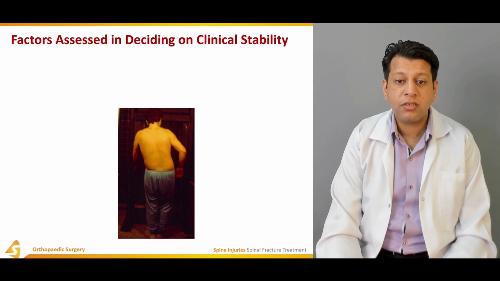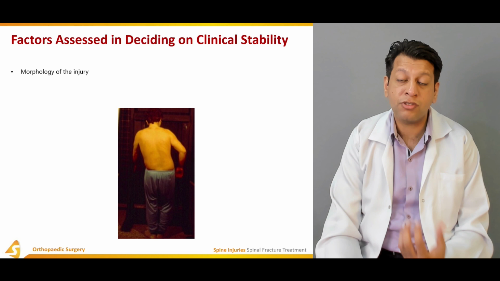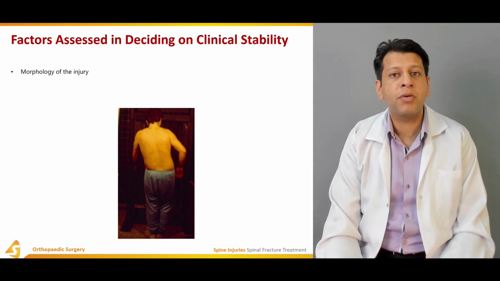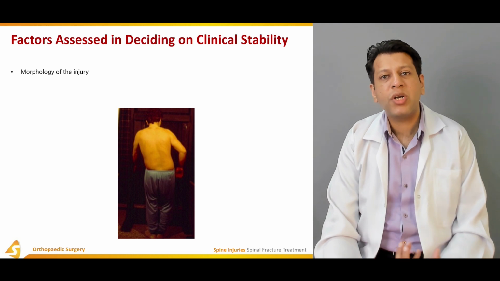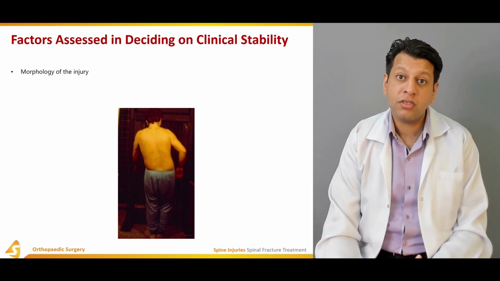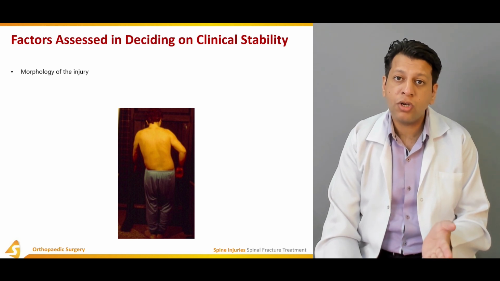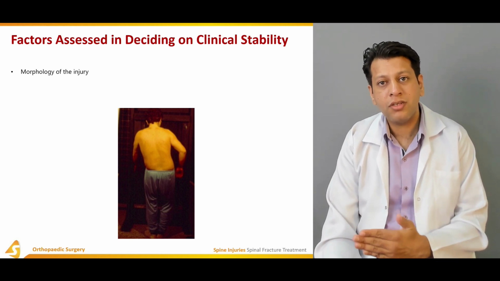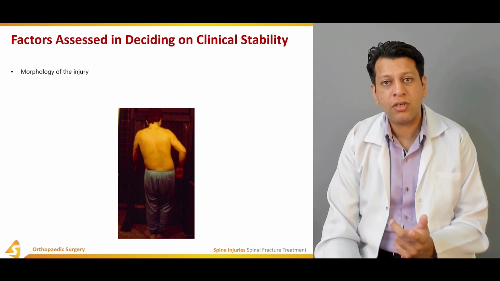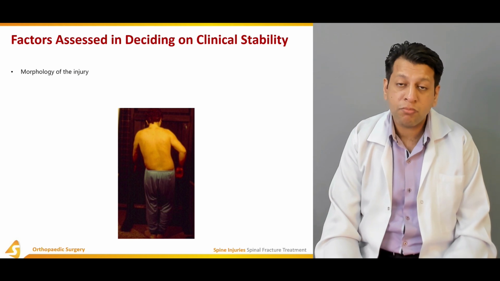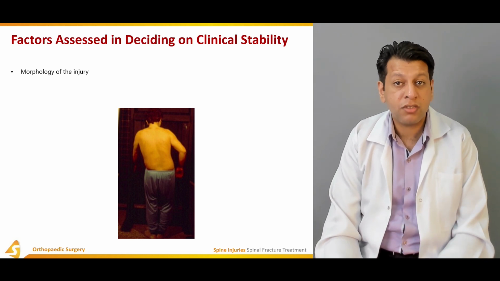The factors assessed in deciding on clinical stability are, first, the morphology of injury, as I just told you, whether it's involving only the anterior column or the middle and posterior column as well. What type of injury is it? A type A injury, which involves a burst fracture, a compression injury of the anterior column only, or is it a type B or C injury, in which there is a rotational element as well as a translational element, and type B is the flexion distraction mechanism of injury.